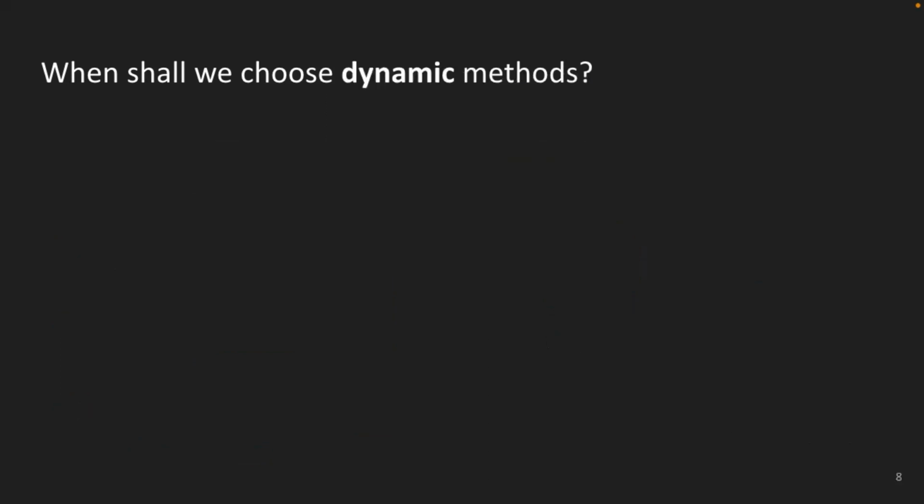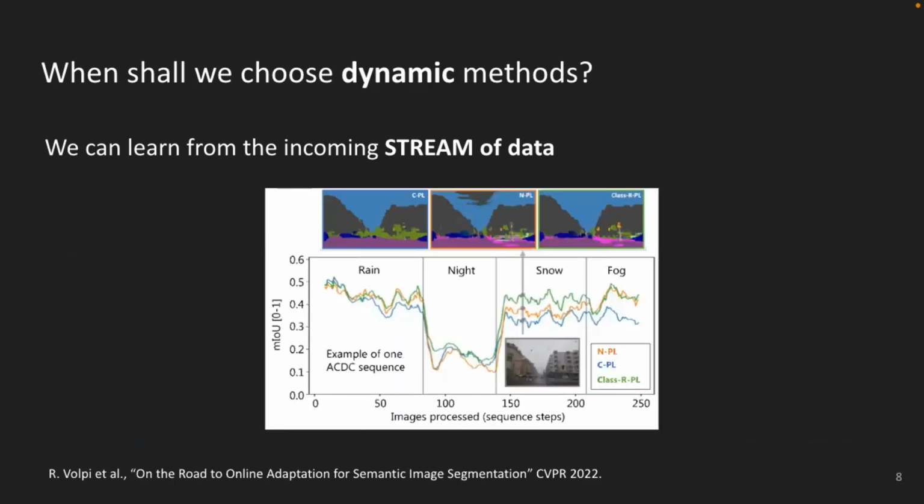What about dynamic methods then? Well, dynamic methods tackle it from a different perspective, and you learn from the stream of data that you see at test time. So you are adapting while things are coming and you see them. Ricardo gave an example with the Oasis benchmark, where you can really see things improving as you see data.